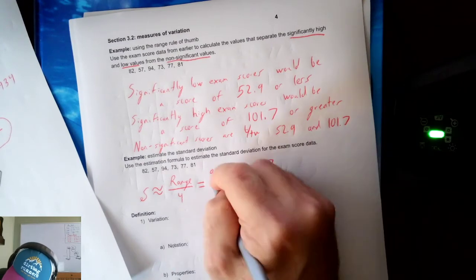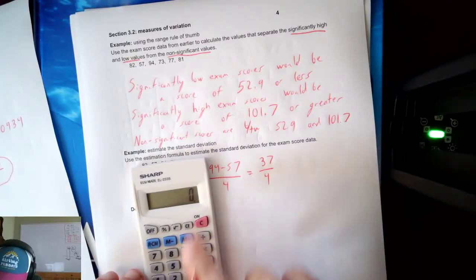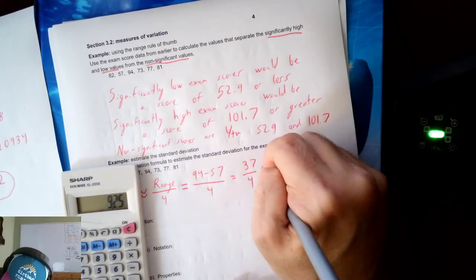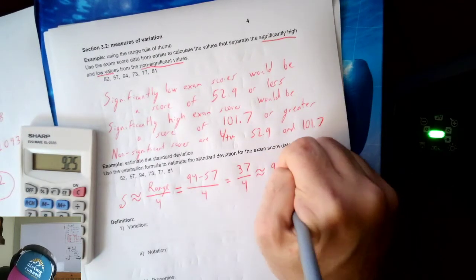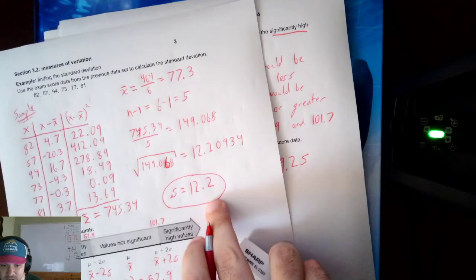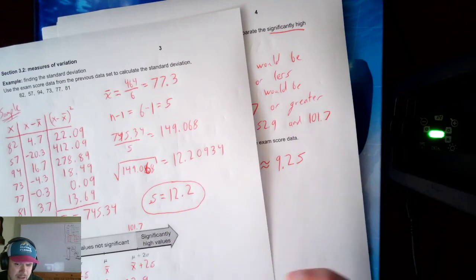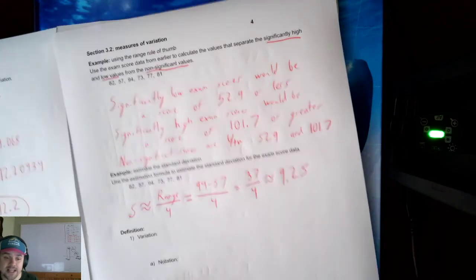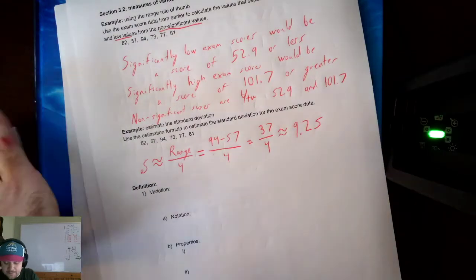This was 37, 94 minus 57, over 4, which we then can divide. 37 divided by 4 gives me 9.25. So the standard deviation is approximately 9.25. What was it really? It was really 12.2. Kind of close, right? My estimation is pretty close. It's off by about 3, but it's fairly close. I can see the estimation formula isn't exact, but it's kind of close.